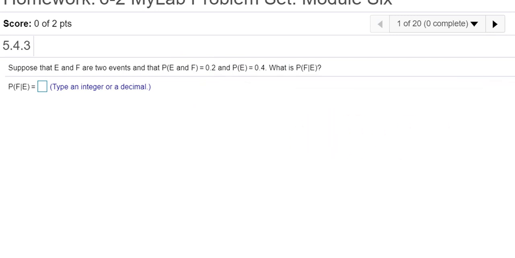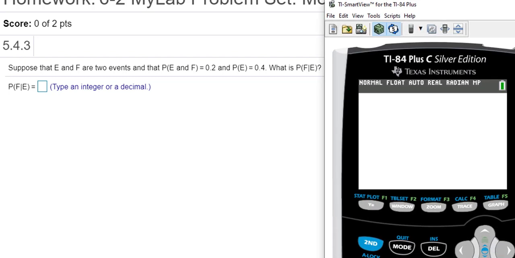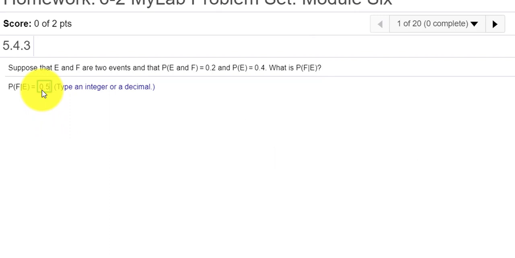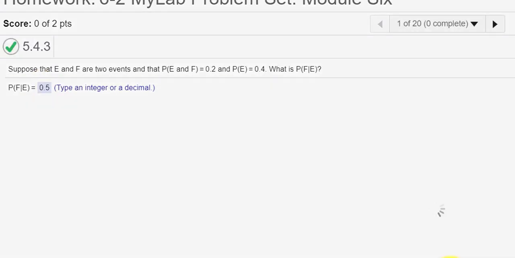I get my trusty calculator out and try 0.2 divided by 0.4 to get 0.5. Right, so 0.5. I check my answer. Nice work.